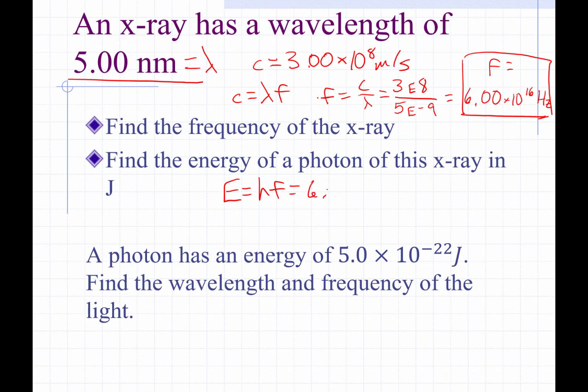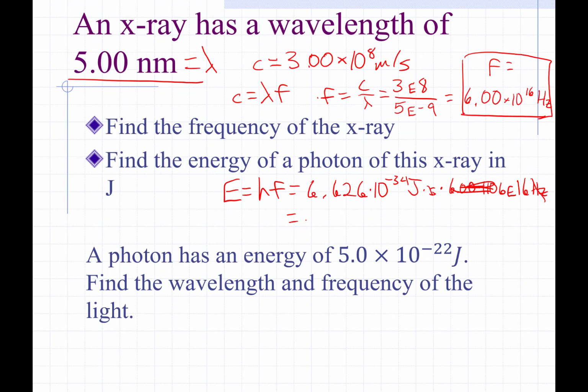H is equal to 6.626 times 10 to the minus 34 joule seconds, and our frequency is 6 times 10 to the 16 hertz. And hertz cancels with seconds. We're going to be left with units of joules.